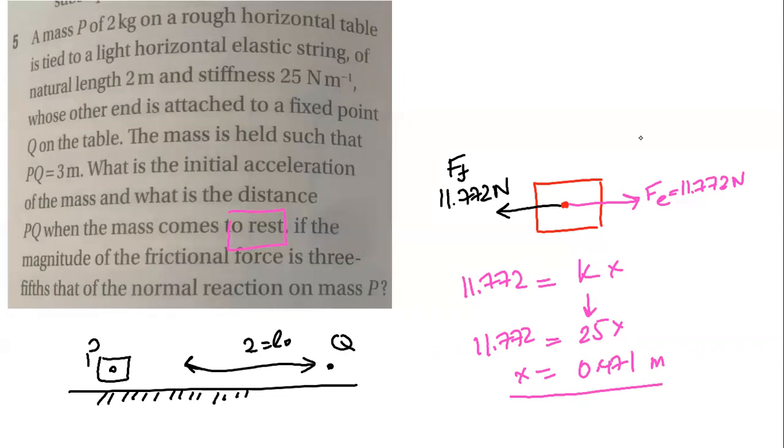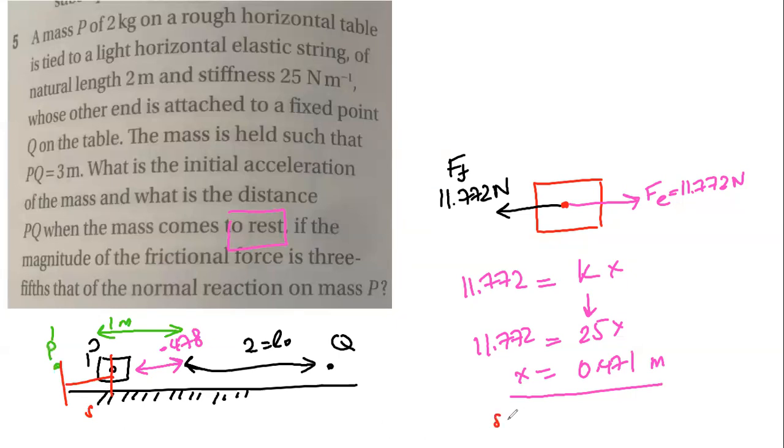And now I have my extension here, which is 0.471. But hang on, my original starting point was 1 meter, right? So a point here, say P dash, the original one. So really the distance traveled from the original position to that one will be 1 minus 0.471. That's the distance traveled. I'll call that s.